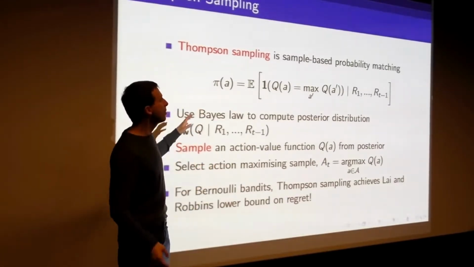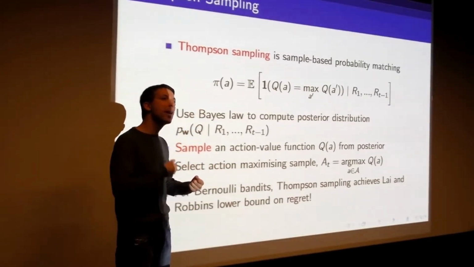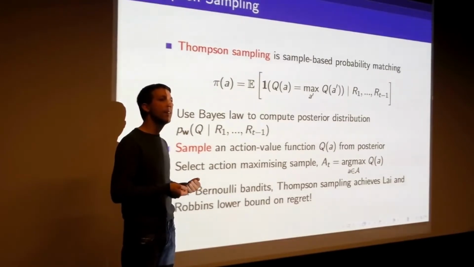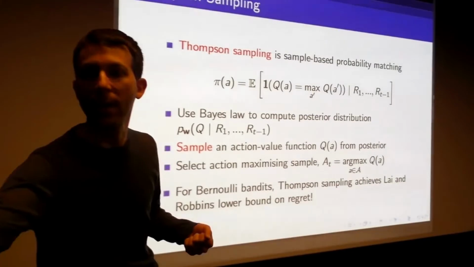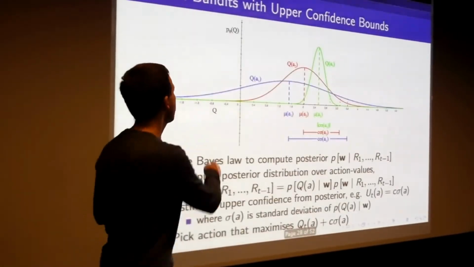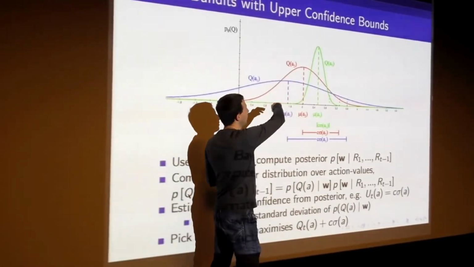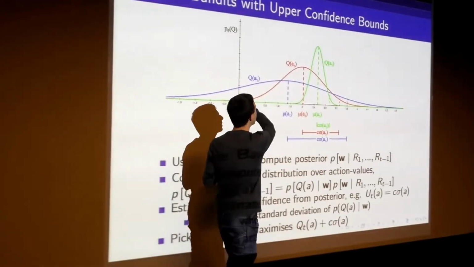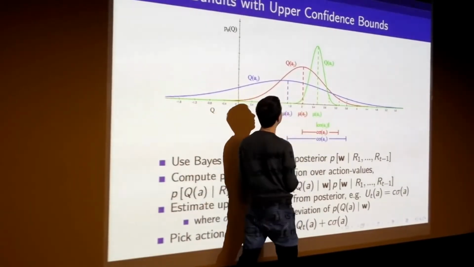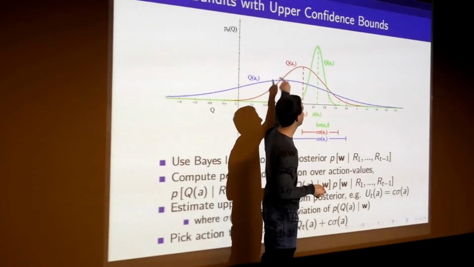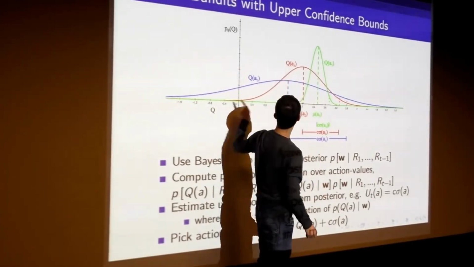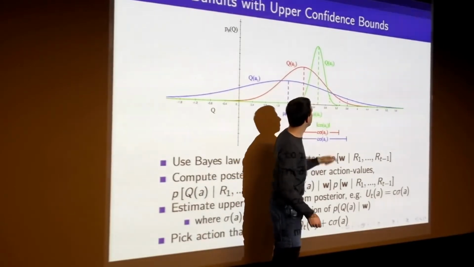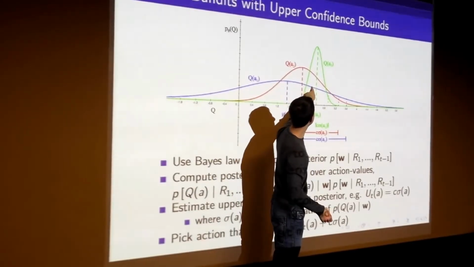So the idea is just to do probability matching in a sample-based way. Every step, you just sample from your posterior. If these were your distributions, you randomly sample from your own distribution for this one. Let's randomly sample from this Gaussian. Maybe I think that the value is now here. I randomly sample from this one, and maybe I end up thinking it's here.